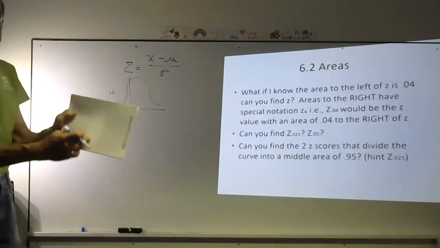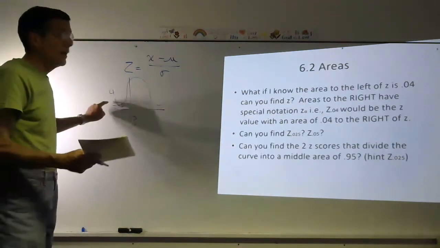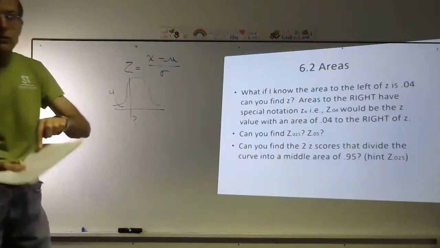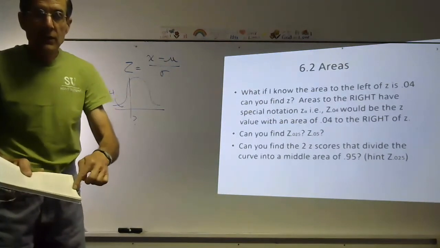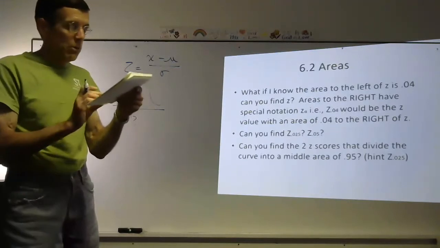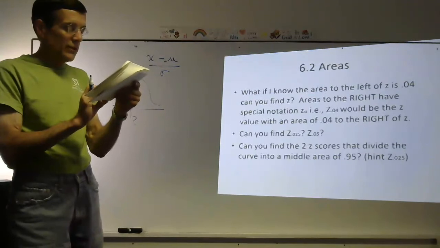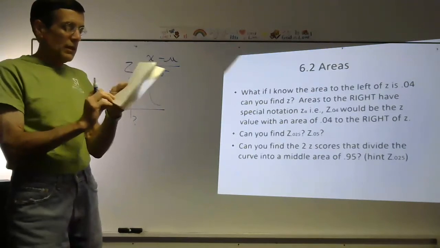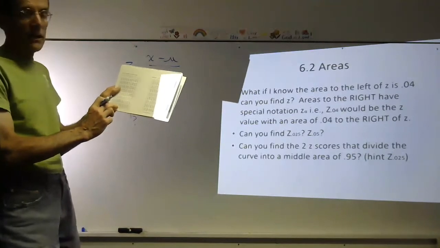Instead of going down the Z column, we know the area is 0.4. The areas are what is always in the body of the chart. So what I want to do is go to 0.4 in my chart and get the one that it's closest to. It should be way down here at the bottom on the left-hand side.